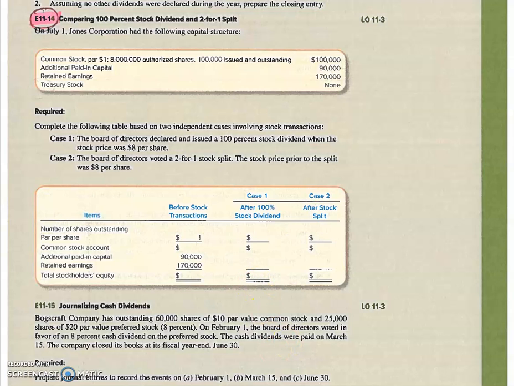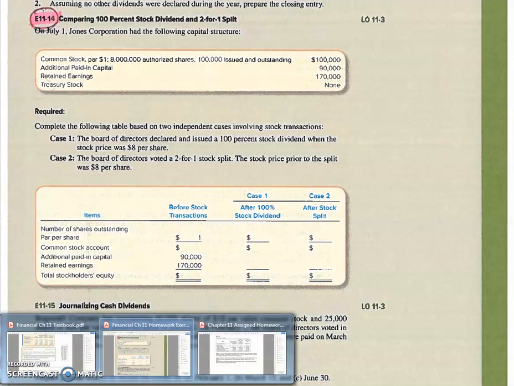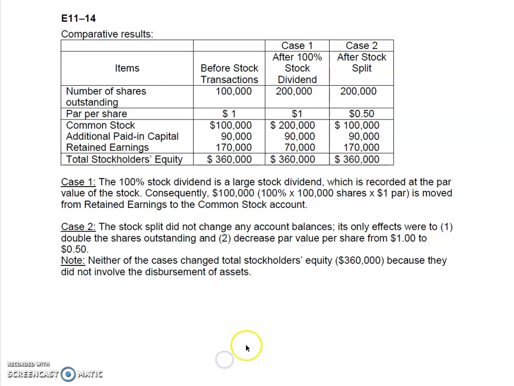Total stockholders' equity will remain unchanged. So there you see it, 200,000 shares, $1 par, $200,000 common stock, $90,000 additional paid-in capital, and $70,000 instead of $170,000 in retained earnings. Total stockholders' equity is unchanged at $360,000.